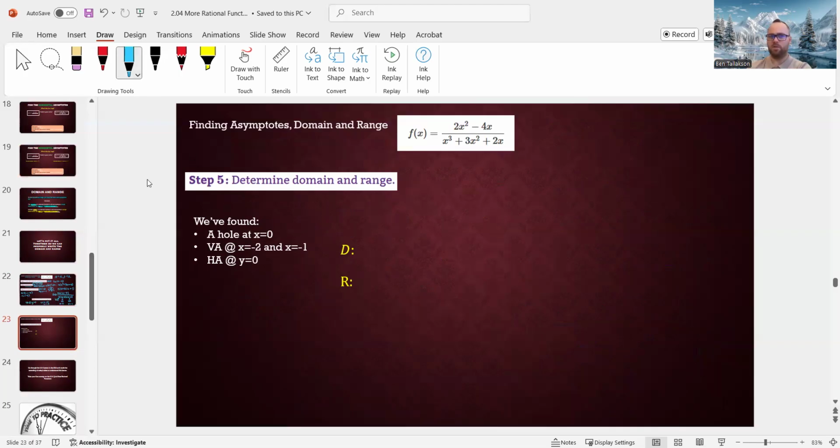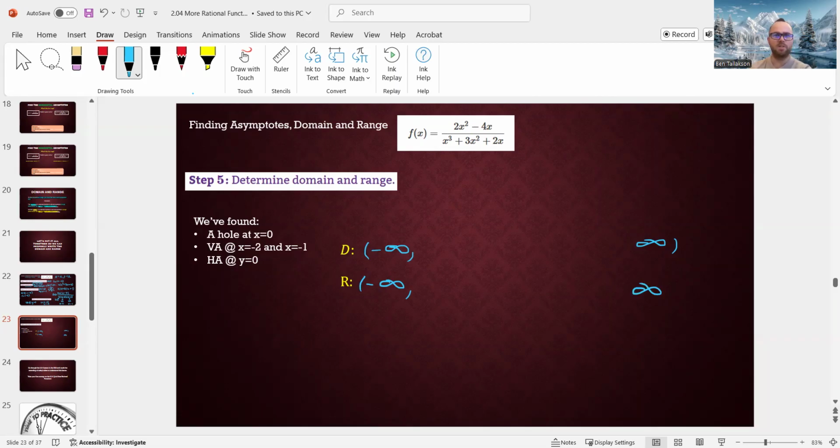Can you list the domain and range? These could be quite involved. You need to take everything into account. Okay, let's do it. Remember, your domain and range for these rational functions always start and end with negative infinity and positive infinity, right? We went over that before. So we're going to start with this, but we have to piece together everything.